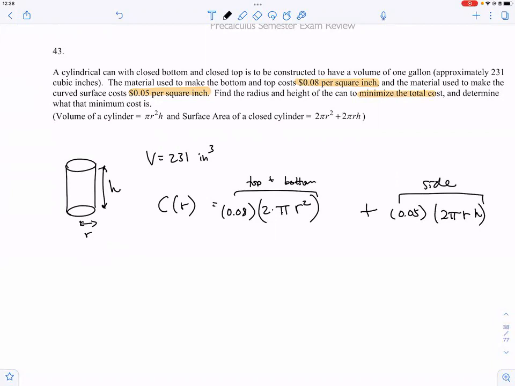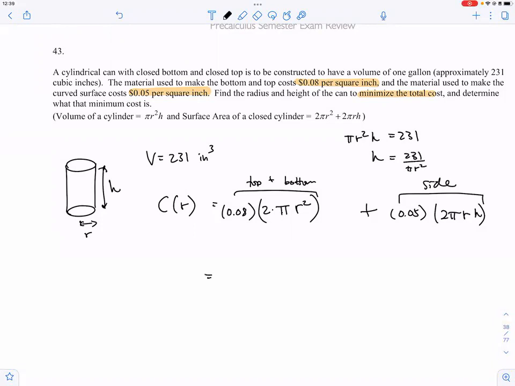We see the h right there, and there's an r right there, and it's a lot easier to replace the h than to replace the r, since we have 2 places with r and only 1 h. That's why we have the volume given, because volume is pi r squared times h, and that's 231 cubic inches. So h is simply 231 over pi r squared.